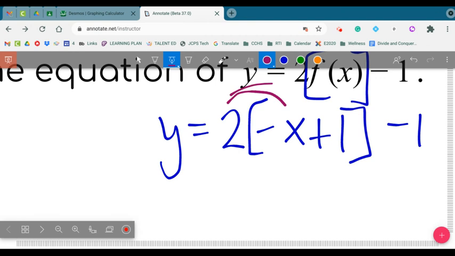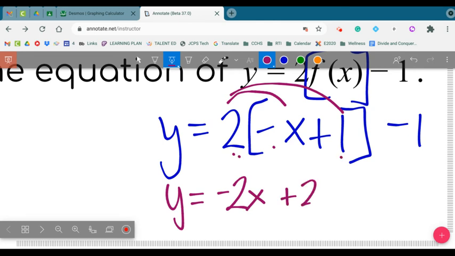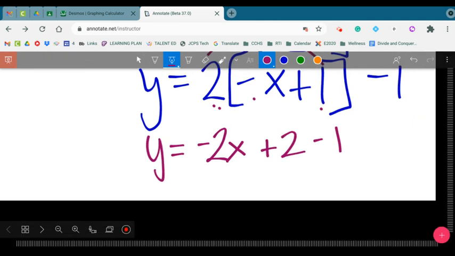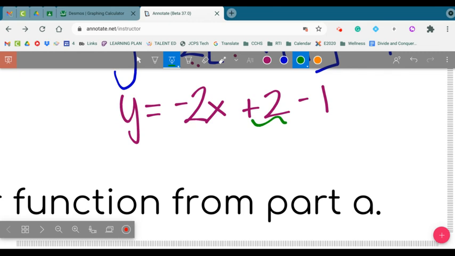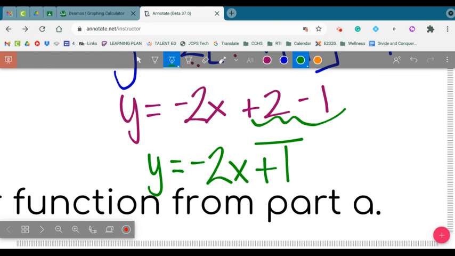Okay, so our first step is to distribute to both terms. So we get y equals 2 times -x is going to give us -2x. 2 times 1 is going to give me 2. Then -1, because we can't forget about that guy. Combine those last two terms, so we get y equals -2x plus 1.